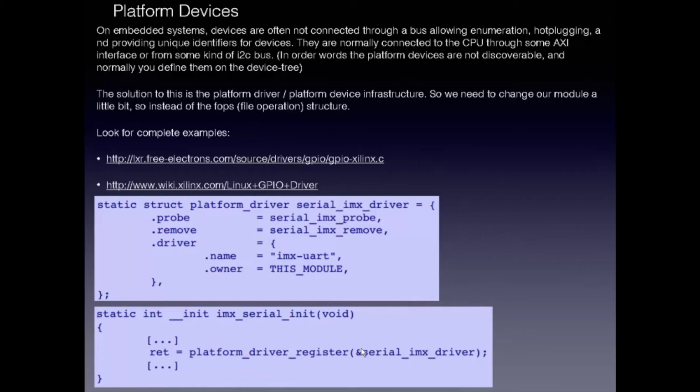Maybe it's better to explain this with an example. If you plug your USB disk into your Linux machine, Linux will automatically detect this USB drive, enumerate it and give it some kind of identifier.